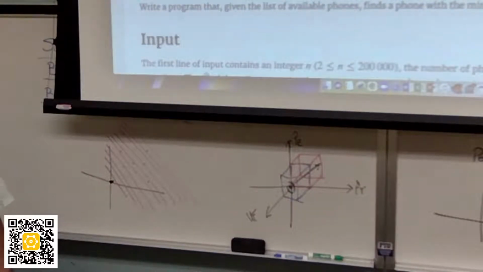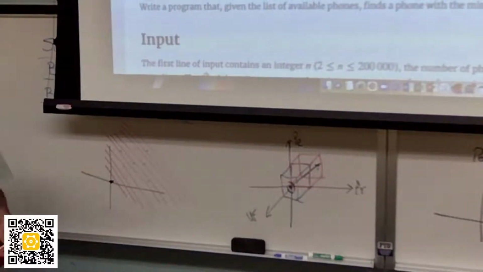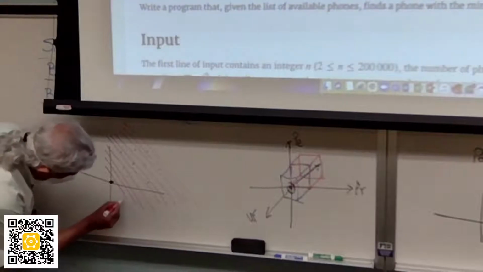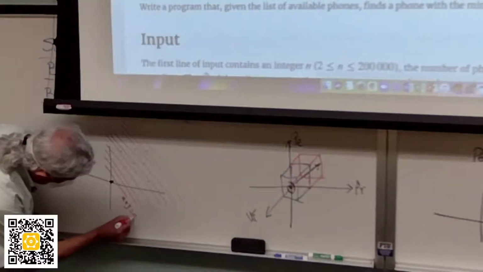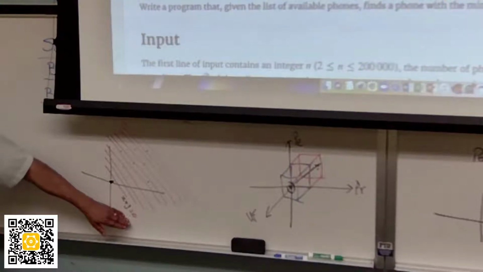Same distance, right? Because the x distance plus the y distance is the same. Why is that? Because these lines have x plus y equals c. That's the equation of the line. So all those points have the same difference in x and difference in y contribution. Y equals negative x plus c.